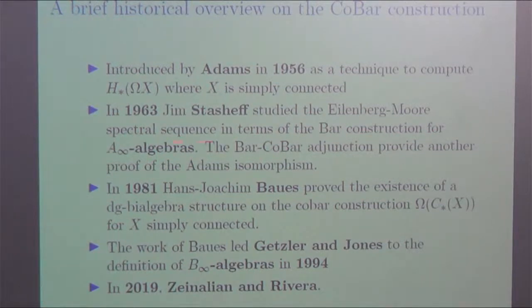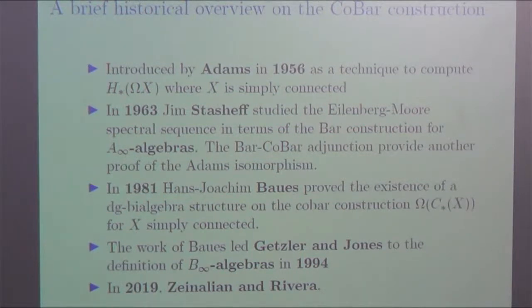So he introduced A-infinity algebras. He showed that it's possible to make the bar construction for A-infinity algebras. And then there is a filtration in the bar construction, so you have a spectral sequence. This spectral sequence is the Eilenberg-Moore spectral sequence.